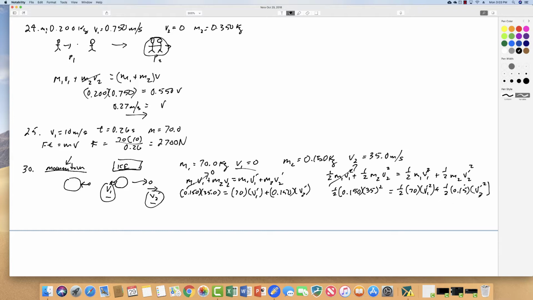So now you have two equations and two unknowns. But I'll tell you that having done this math, because there's squares in here, makes it quite a bit harder.